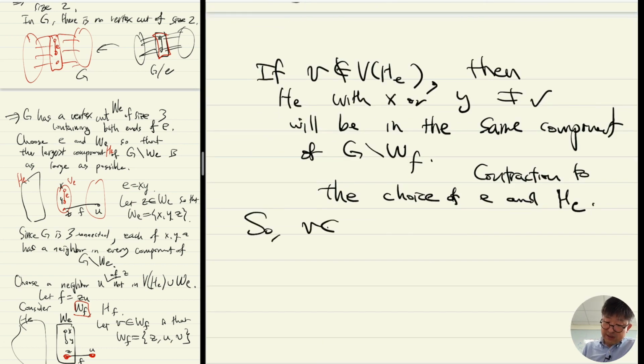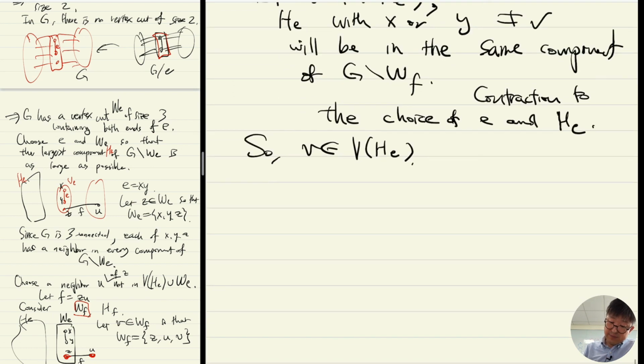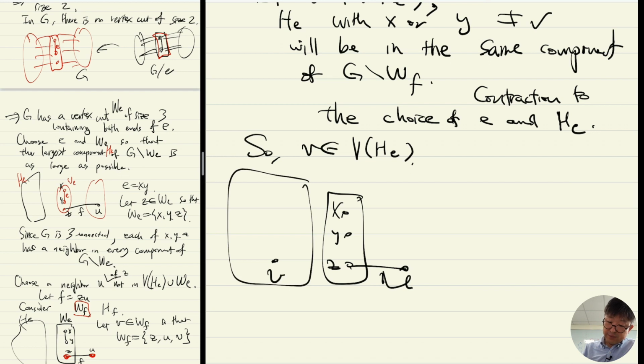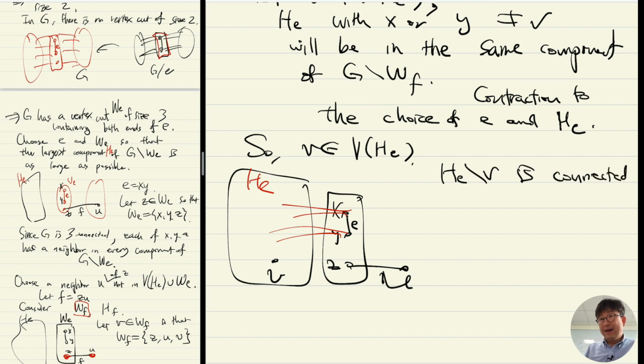So V is in HE. Both X and Y have neighbors in HE.